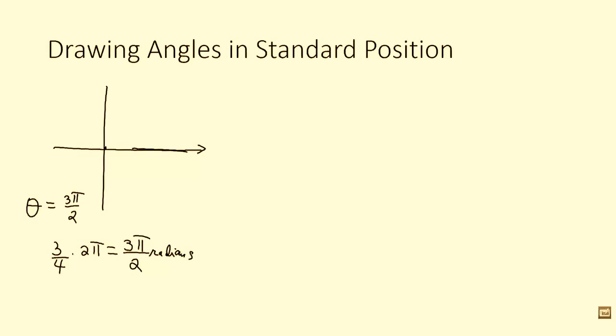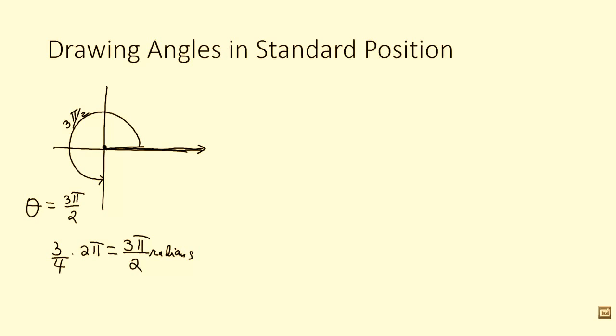If I go 3/4 of a complete revolution, I start along the positive x-axis and go all the way around, so this becomes 3 pi over 2. This is the angle in standard position, what we call drawing the angle in standard position. The initial side of the angle is along the positive x-axis, and the vertex is at the origin.